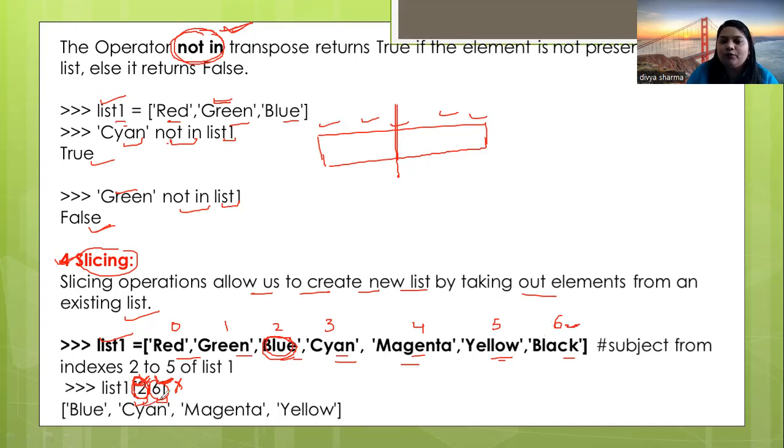So the initial value will be 2, and the final index value should be one less than the upper bound, that is 5. So the elements in the output will be blue, cyan, magenta and yellow. Hope this is clear. Let us discuss it by taking one more example.